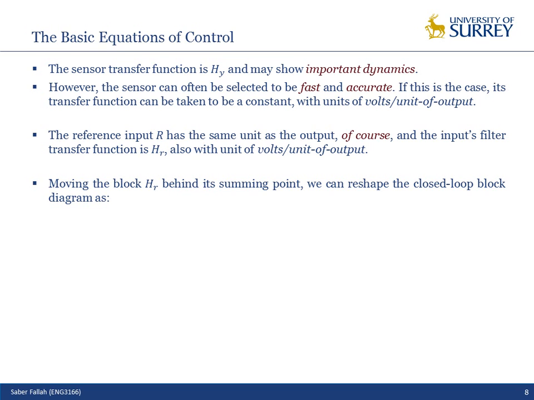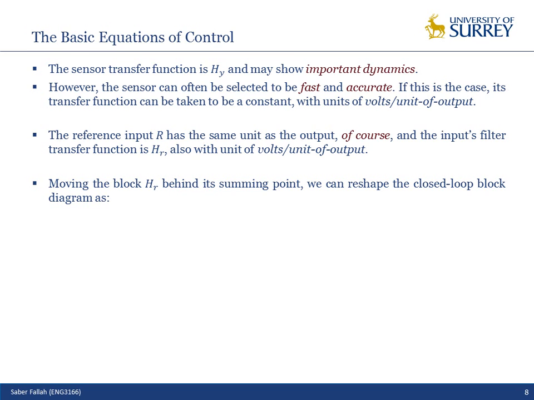Based on the second year control module, if you have a block H before the summing point, you can bring H in front of the summing point by some calculation. So in fact, I can move this H block to the front of the summing point by reshaping it as this one, H, 1 over H. So this block diagram is equivalent to this one.